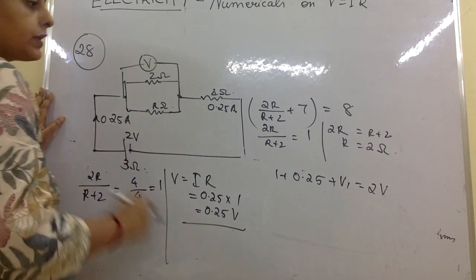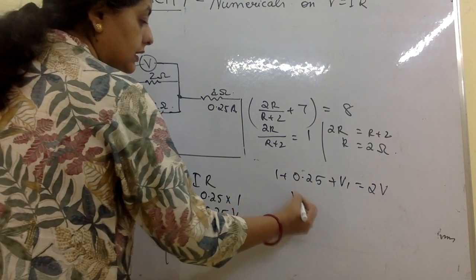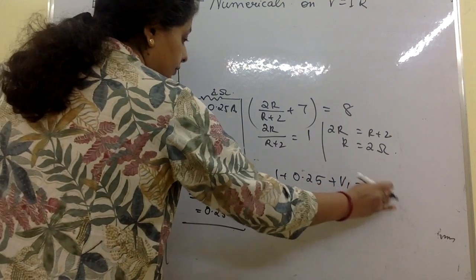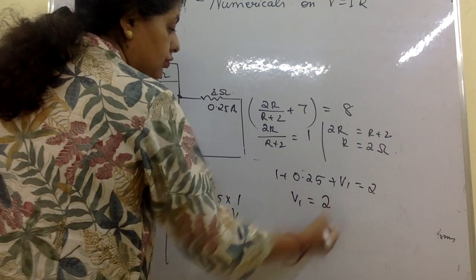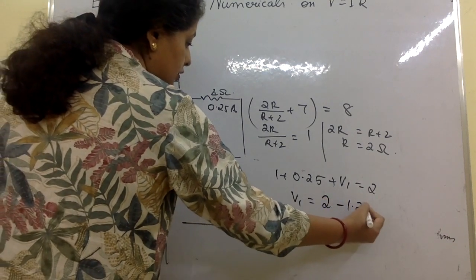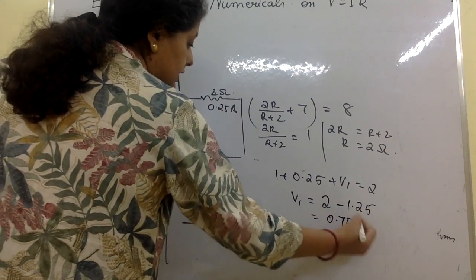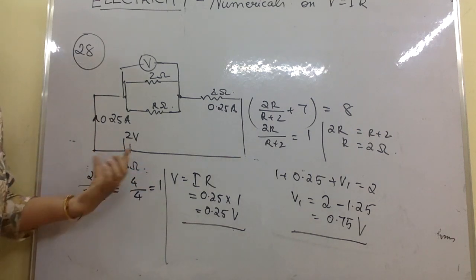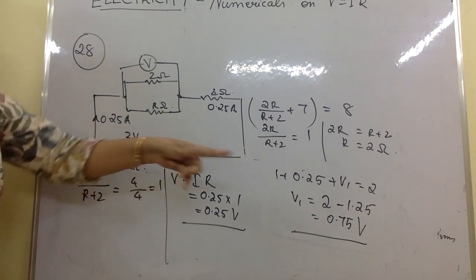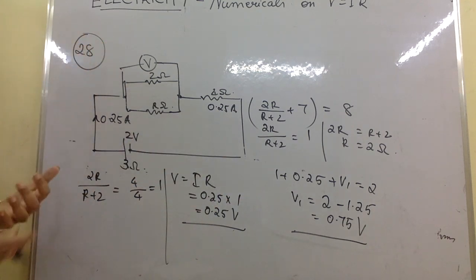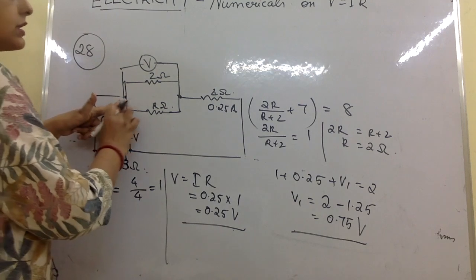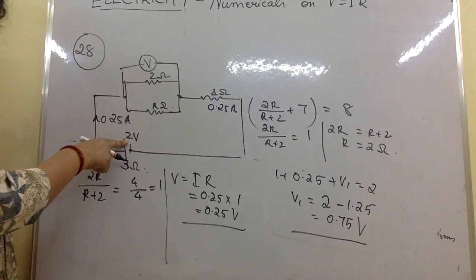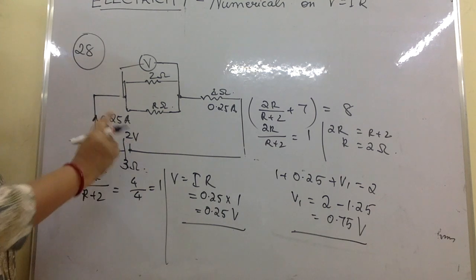So V1 is equal to 2 minus 1.25, which is 0.75 volts. So for current to pass through this battery or the cell, it faces a potential difference of 0.75. What we have to remember is the potential difference across this and even across this all add up to the EMF of the battery.